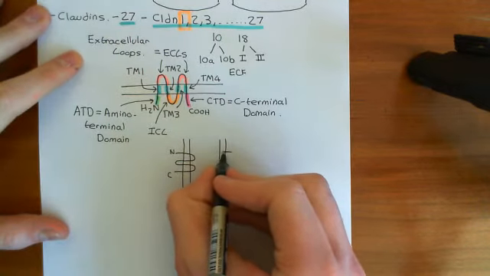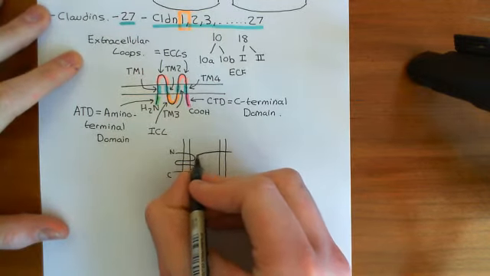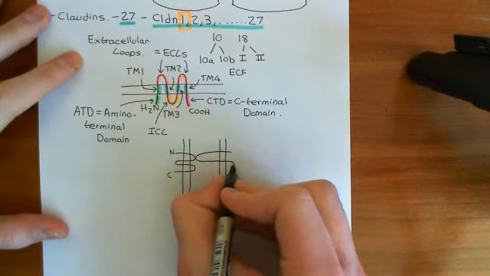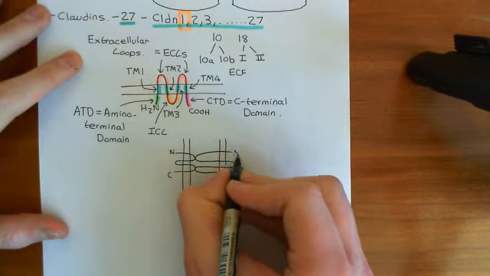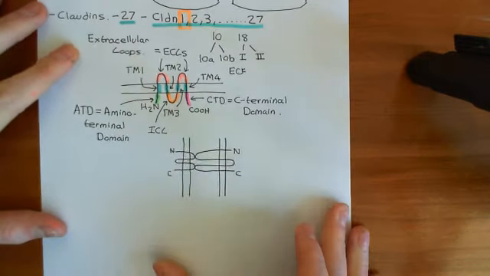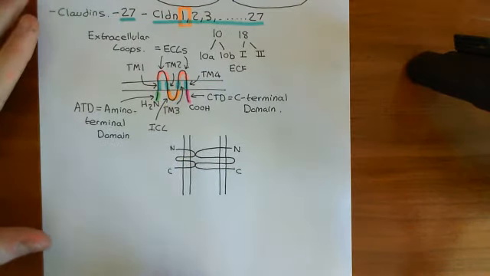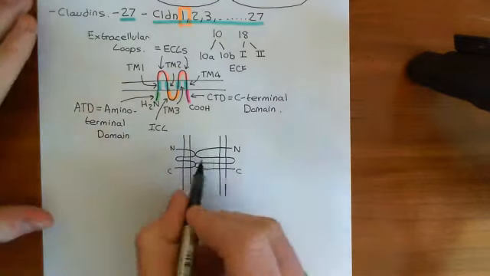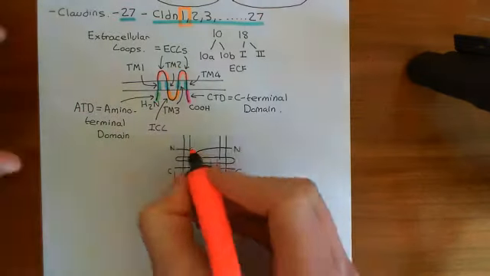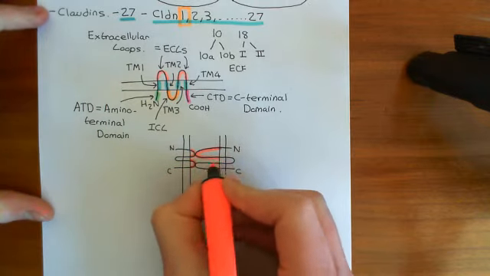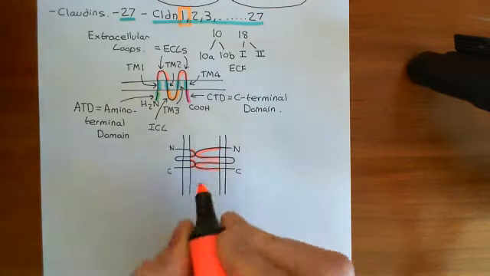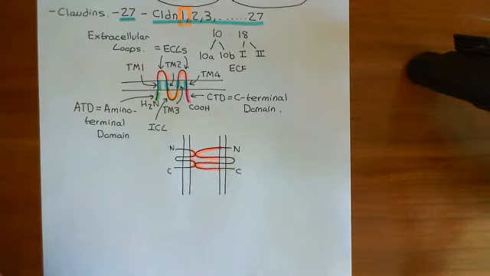I've drawn this one a little bit small, so the other one has to be massive to join to it. I apologise, that's a little out of proportion. They should ideally have been equal sizes. The key message from this drawing is that it's the extracellular loops which are involved in binding the two claudins together.